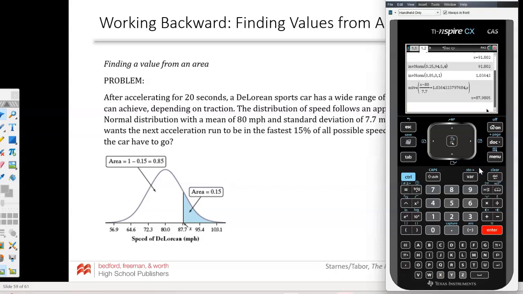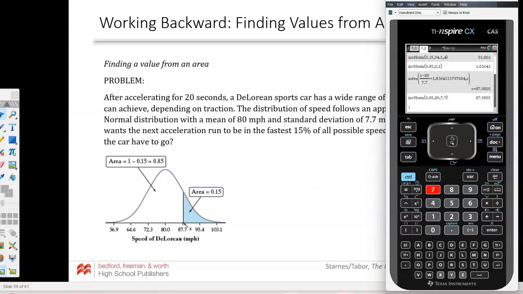It'll solve it for you, or of course you could just let the calculator do all the work for you. Menu 653, and area is 0.85, and then you put in the 80 there for the mean, standard deviation of 7.7, and it should do all the work and give you the answer right away.